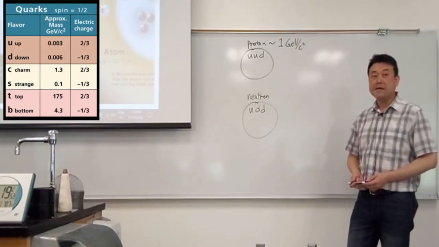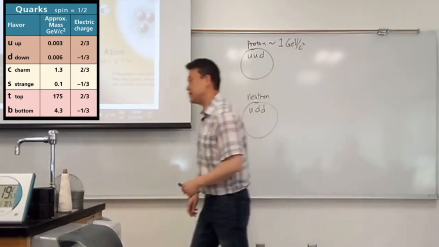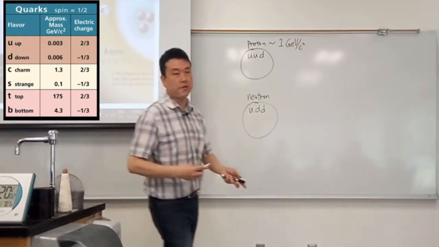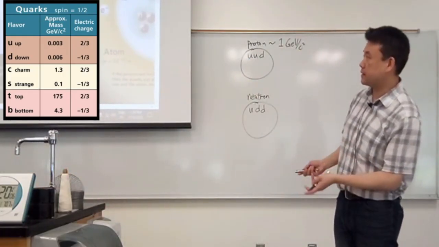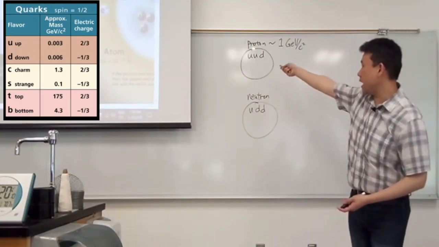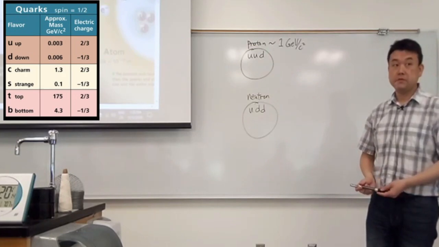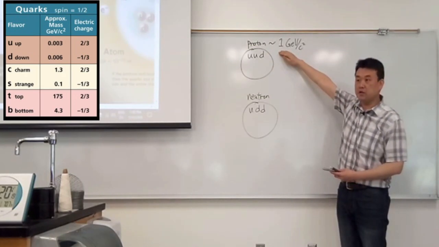No, right? So these numbers are hinting at a physics underneath that we didn't spend any time on. And that physics is hinting at is that these up and down quarks inside the proton are relativistic. So most of the mass of the proton is not in the rest energy of the up and down quarks.